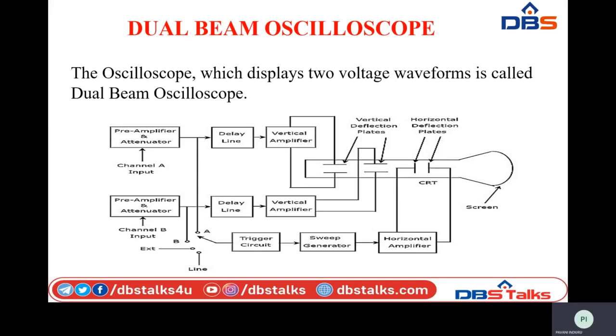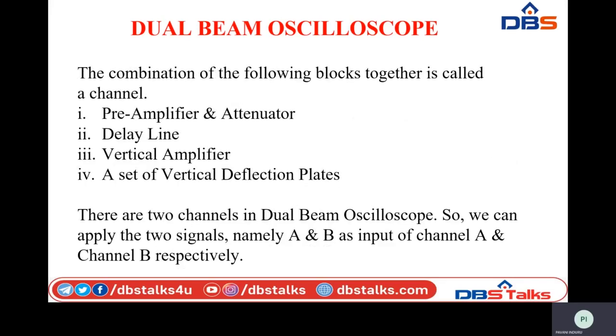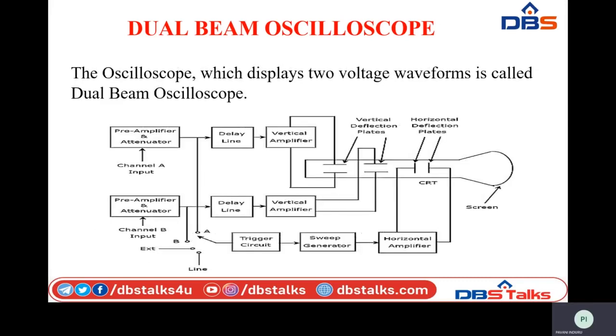Then the signal is handed over to the vertical amplifier section, where the signal is further amplified and boosted, and after that it is given to a set of vertical deflection plates, where the position of the beam can be adjusted either downwards or upwards. Similarly, we have another channel available, which is channel B.